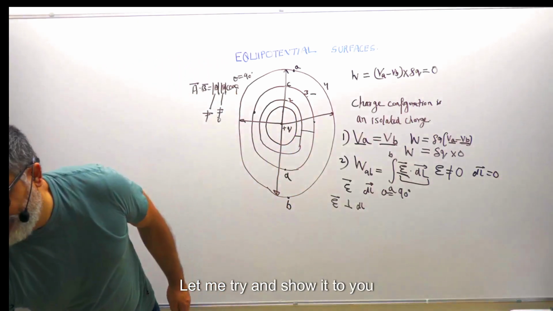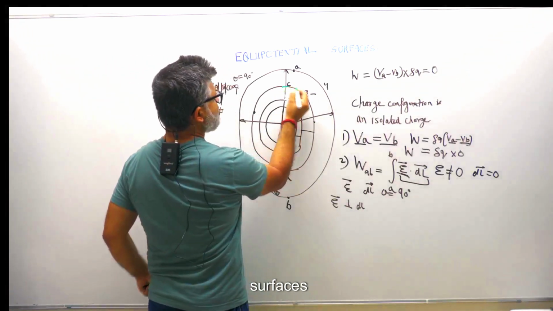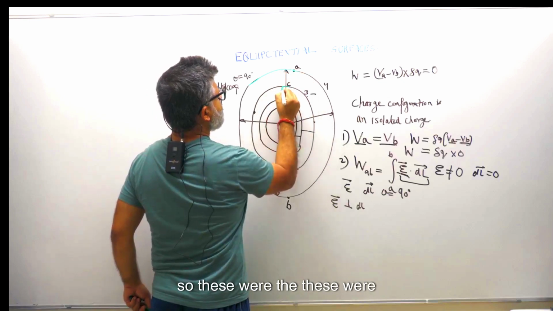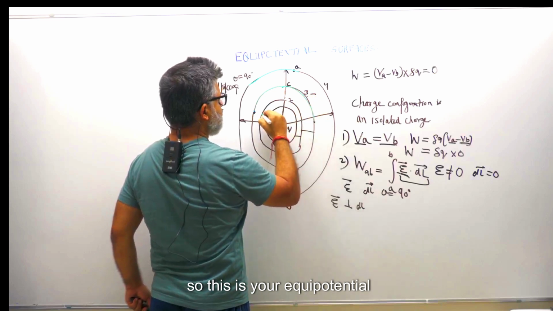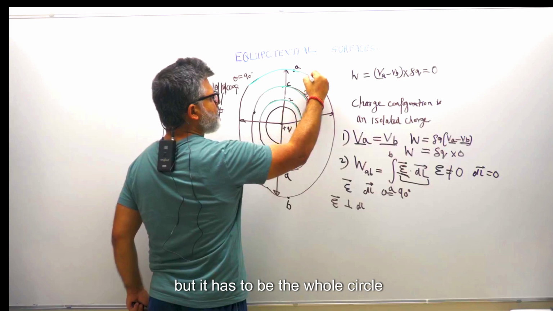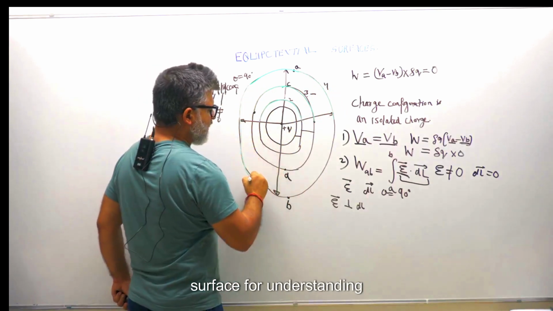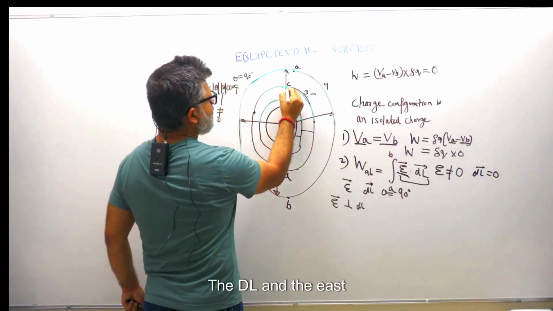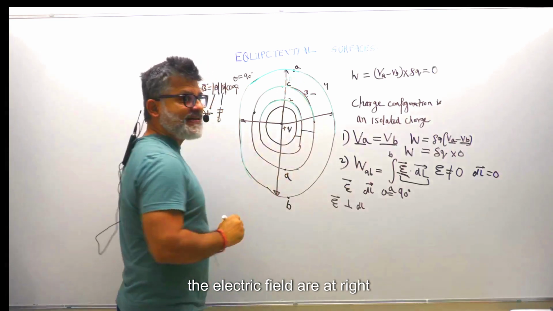Let me try and show it to you. So if these were the equipotential surfaces, the one with green, for example, this is your equipotential surface. I'm not covering the whole circle, but it has to be the whole circle. For understanding, I'm using a separate color. The dL and the E, the electric field, are at right angles to each other.